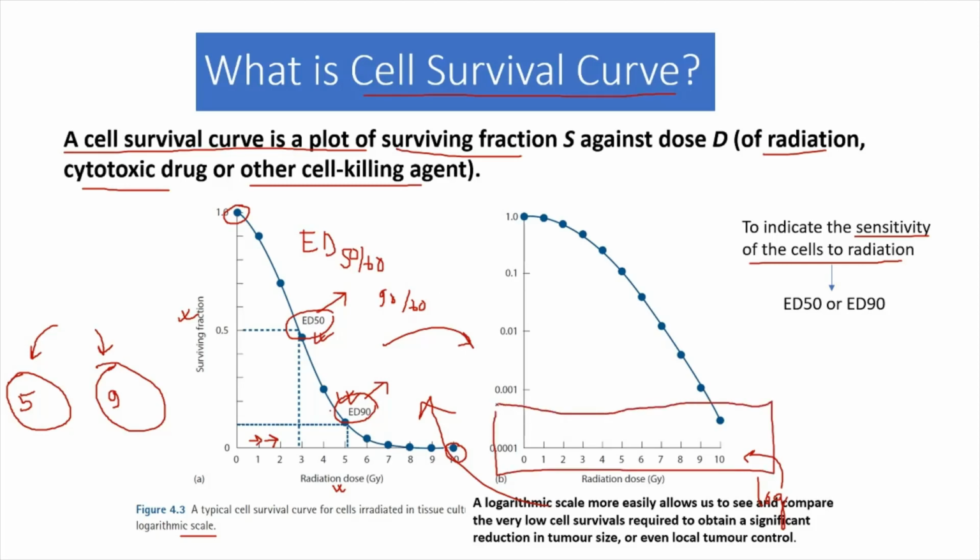For example, we can now see the extremely low cell survivals in this cell survival curve, but that is not visible here. And why do we need to see such low cell survivals? Because these low cell survivals are very important in reduction of tumor size or even local tumor control.